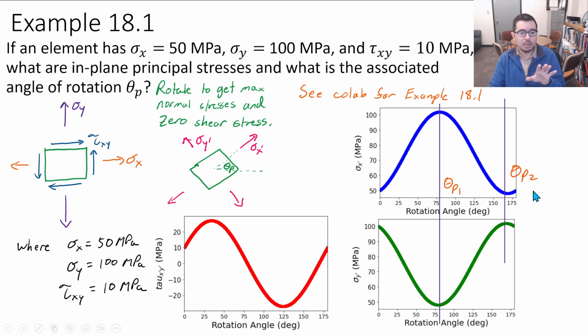We have another one when we have a maximum in the sigma y prime right here, and that corresponds to a minimum in the sigma x prime. And we might consider that to be sigma p2, okay? And now if we look at when the shear stress is equal to 0, we can draw this nice little line that's going through 0, and we see that it's going through around here.